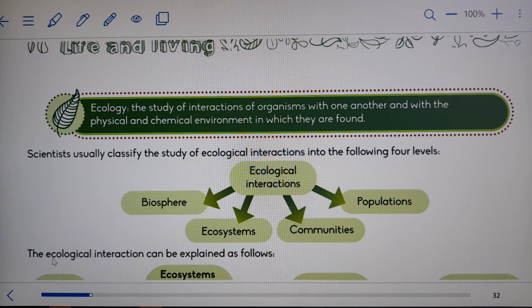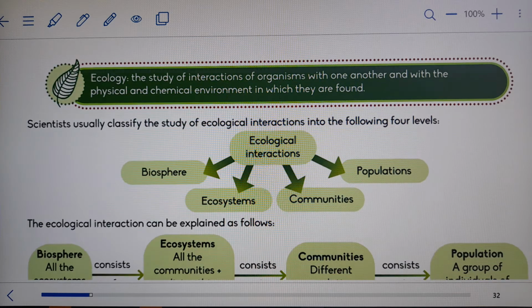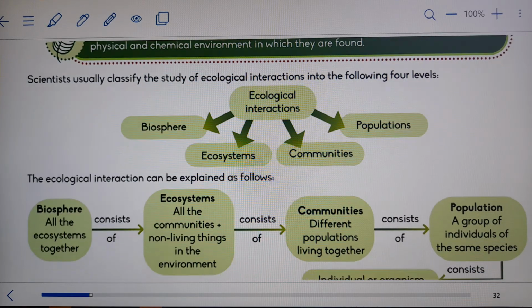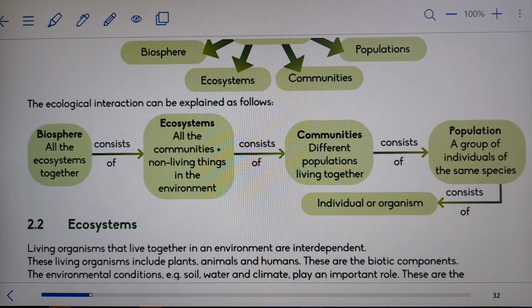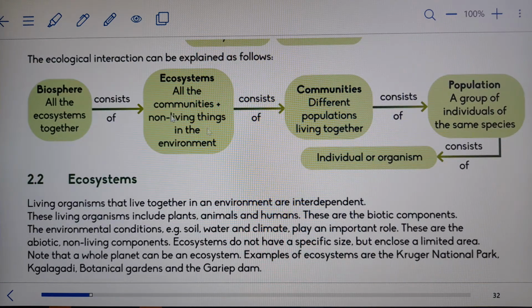Let's look into the ecological interaction. How is it explained? Let's just scroll up a bit. They say the ecological interaction can be explained as follows.